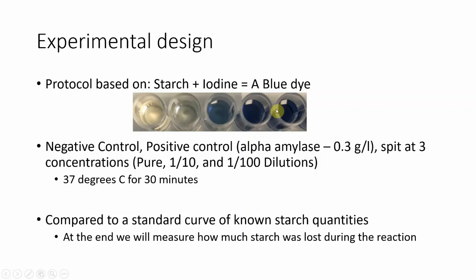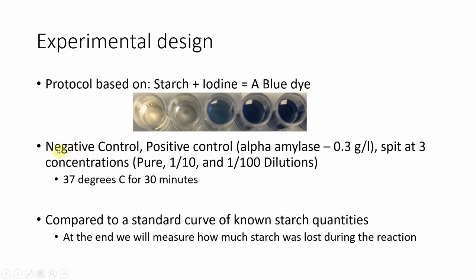So we can actually quantify the amount of blue in these solutions to quantify the amount of starch in them. The experiment is relatively simple. We take a known amount of starch.